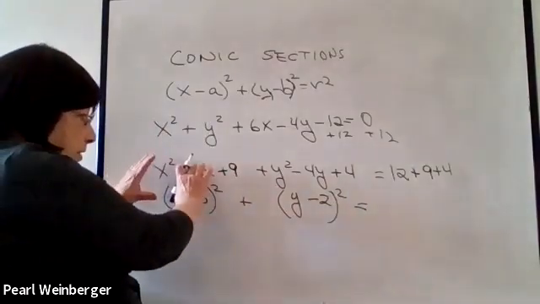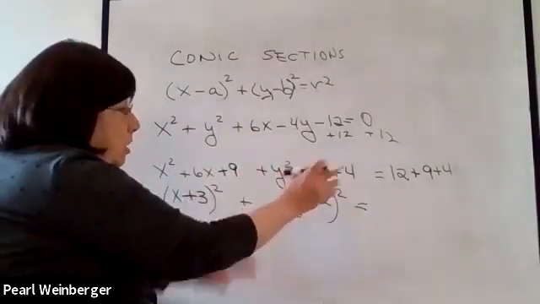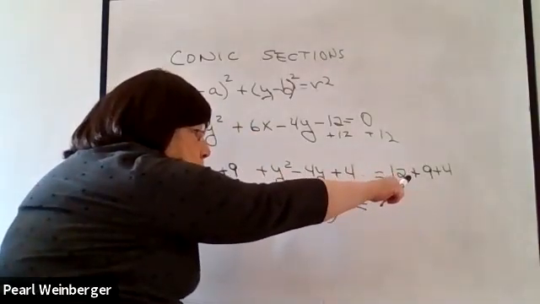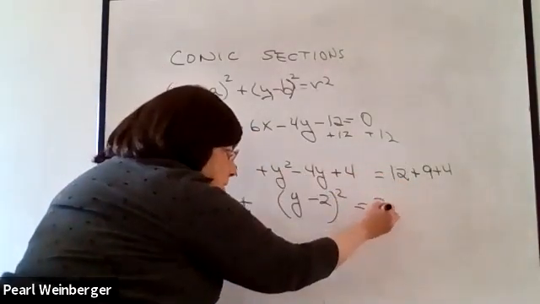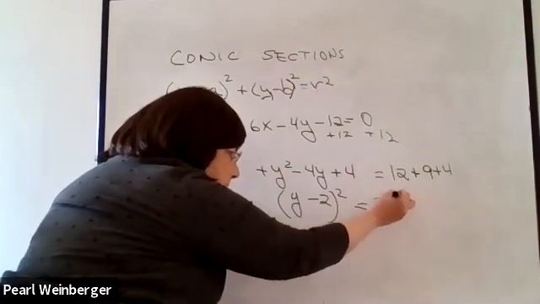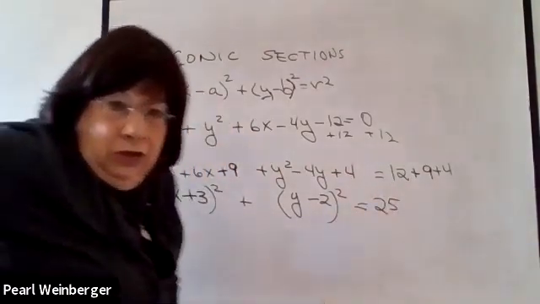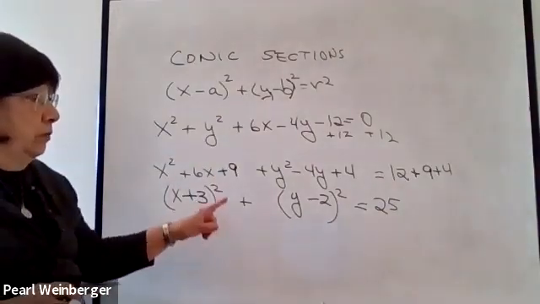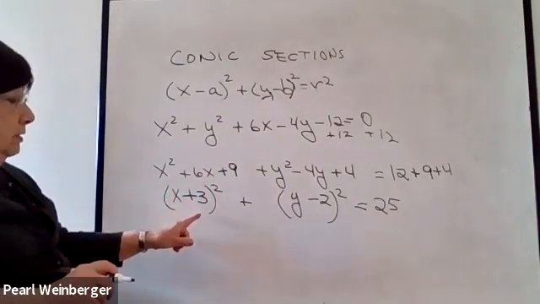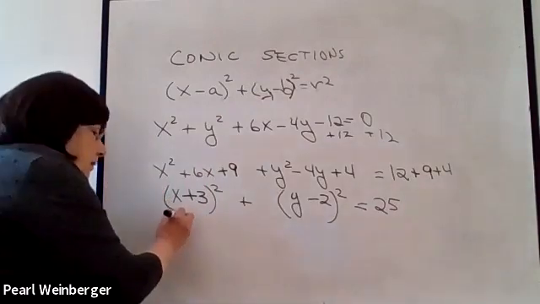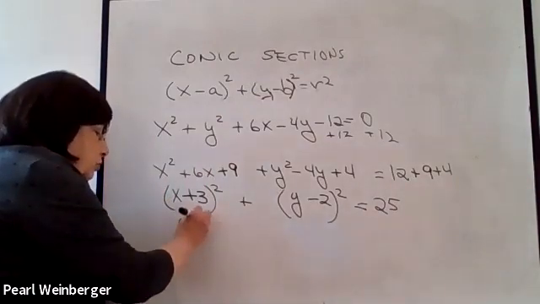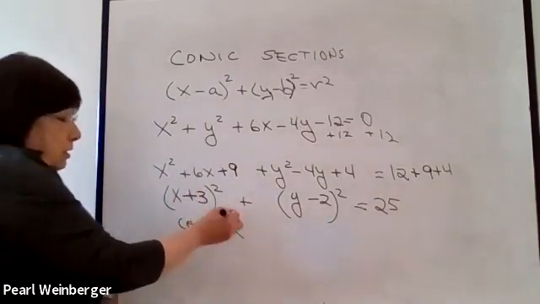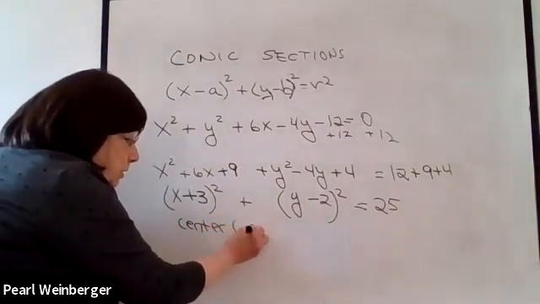So I've completed the square on the x and on the y. Now I add up all these numbers. 12 plus 9 is 21, plus 4 gives me 25. I've now put the equation back into standard form, which means now I can tell you that the center of my circle is, well, this is a plus 3, so that has to be minus 3.